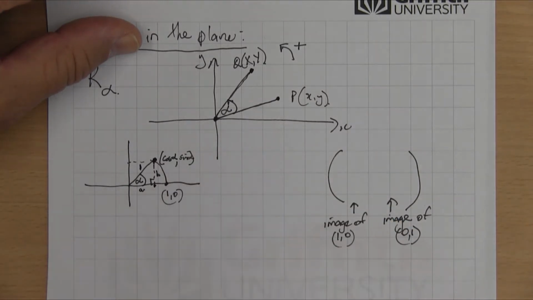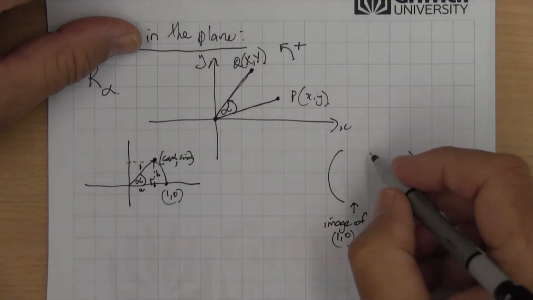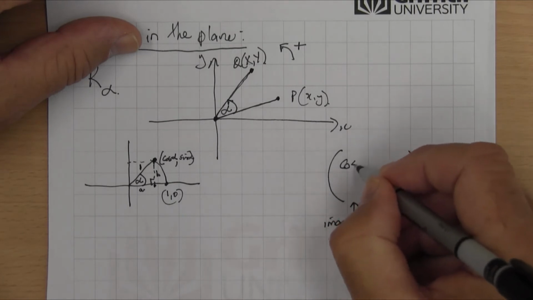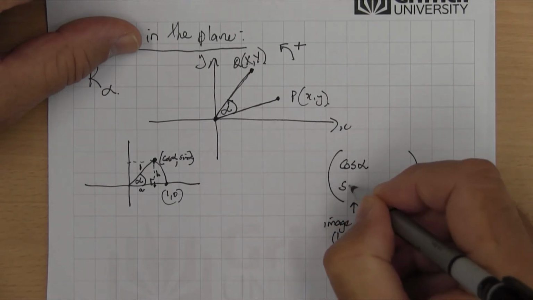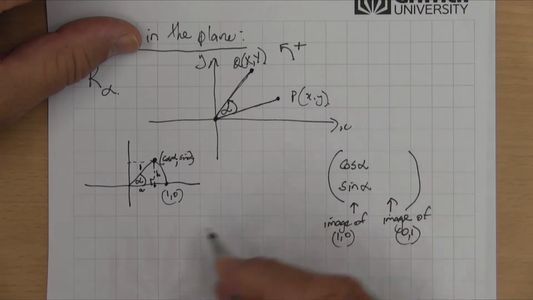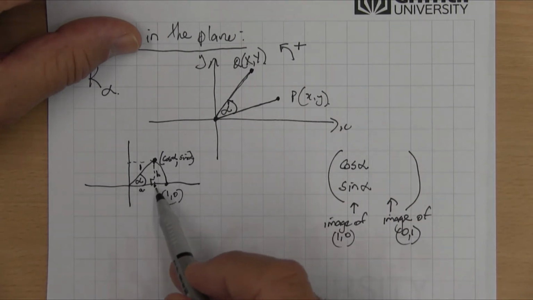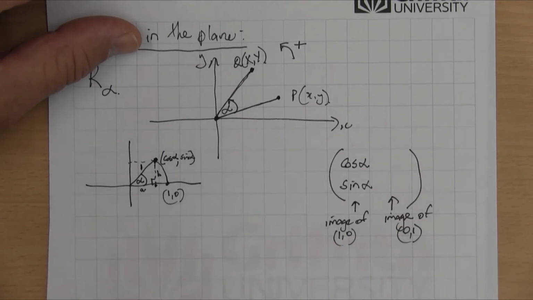So 1, 0 ends up going to the point cos alpha, sine alpha. That is the new coordinates of a rotation of alpha if we rotate the point 1, 0.